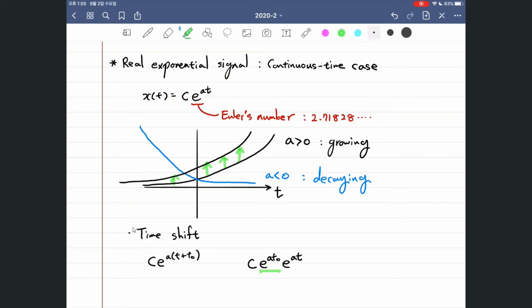So with respect to the real exponential signal, the time shift corresponds to the scale change, not phase change. And the other way around is also possible, so we can do it in both directions. So you have to see the difference between the sinusoidal signal and the exponential signal. Okay?